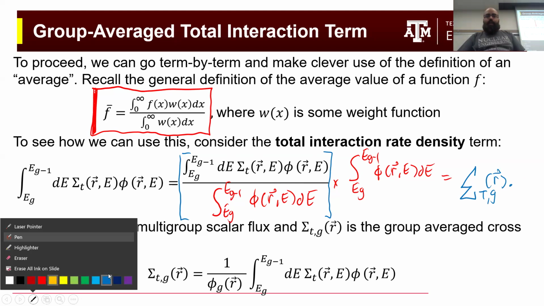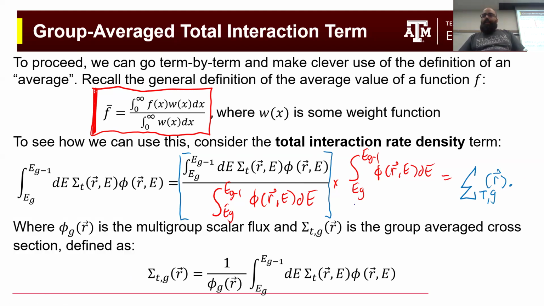So hopefully that's okay. And then what it is being multiplied by, I'm integrating my energy dependent flux over that little group width. So by definition, what does this little integral have to be? Yeah, perfect. That's just my group g flux. So I'm going to say that's phi_g and it depends on r.